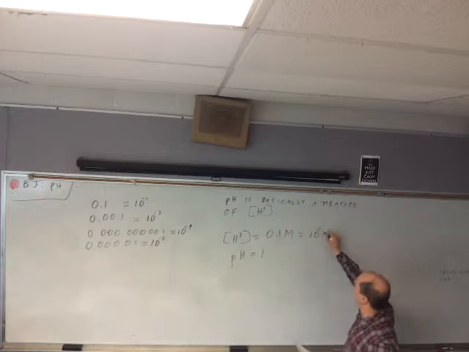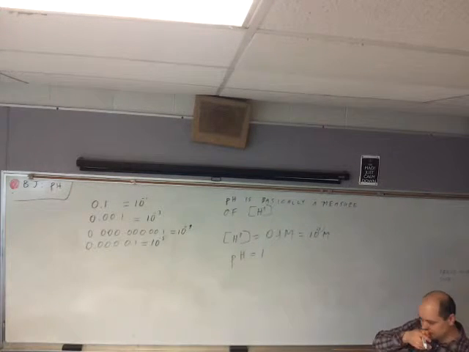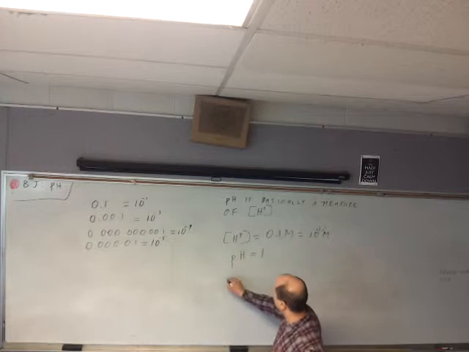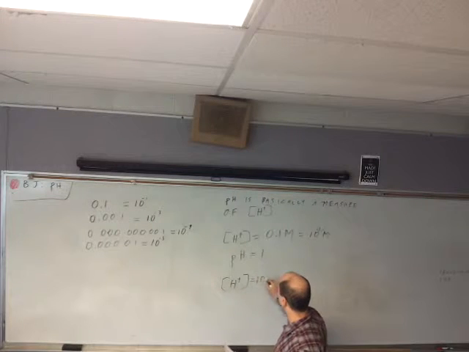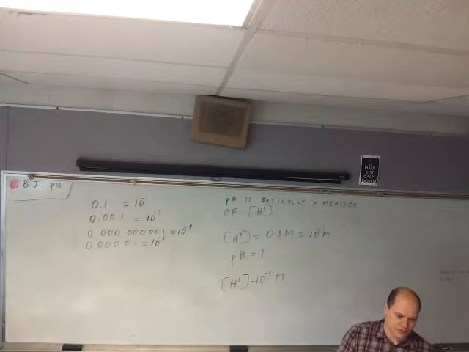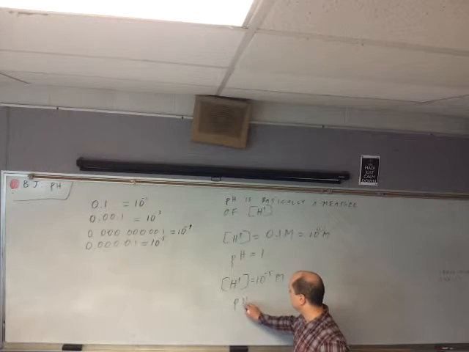It would just be the exponent. And we even throw out the negative because we don't really care about the negative. And if H+ concentration was 10 to the minus 5 molar, what would the pH be? 5. That's it, right? So it's that easy.